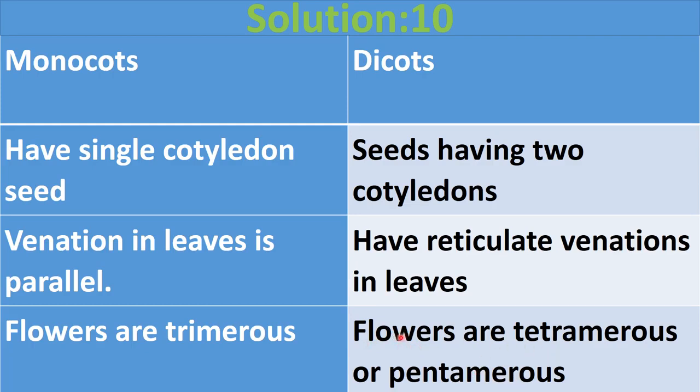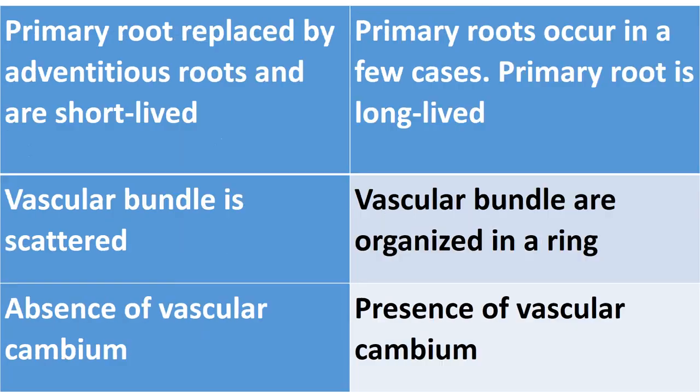So in the dicot flower, either tetramerous, means 4 petals or a multiple of 4, like 4, 8, 12, or it can be pentamerous, means 5, 10, 15 like this. So this is the difference in the flowers of the monocots and dicots.